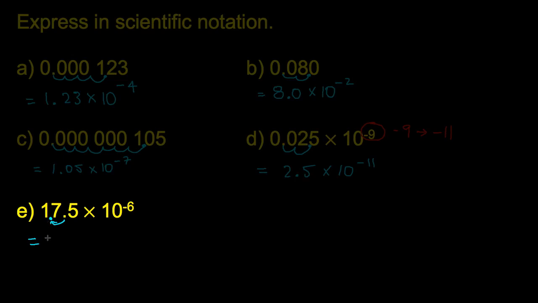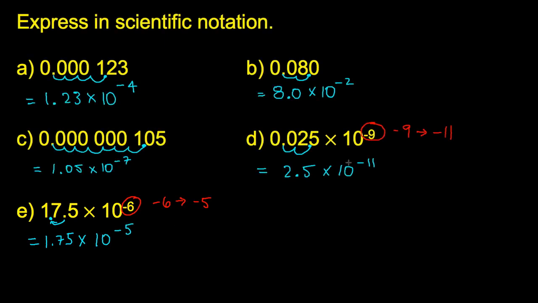Well, moving it 1 place to the left takes the exponent, and instead of dropping it, increases it. So I'm going to take that negative 6 and move it to be negative 5. So I'm going up by 1. And so my final answer on this one is 1.75 times 10 to the negative 5.